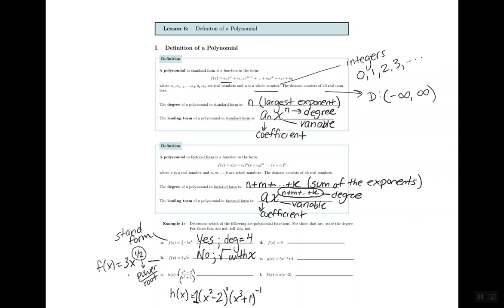A of 1 is a real number. And when we look at each of the exponents, from the definition of a polynomial in factored form, the problem that we run into is that negative 1 is not a whole number. So for h of x, we have to state that we are not given a polynomial function, and I'm going to state the reason here as a negative exponent.